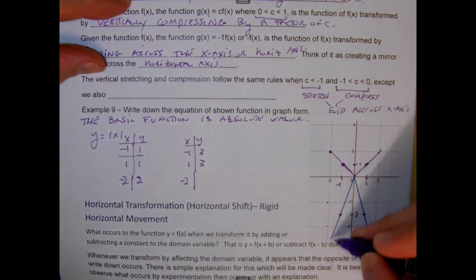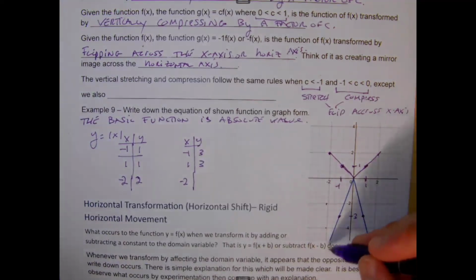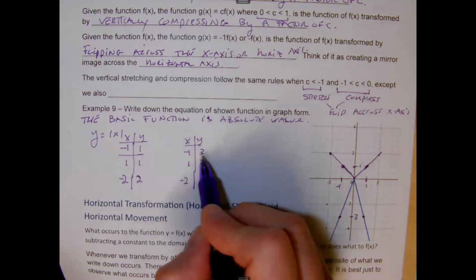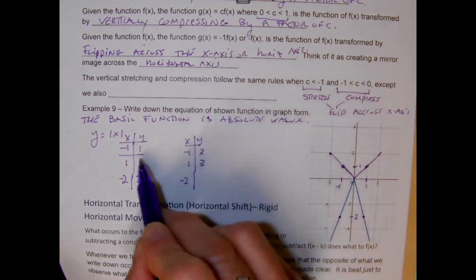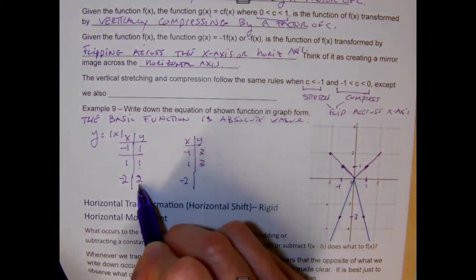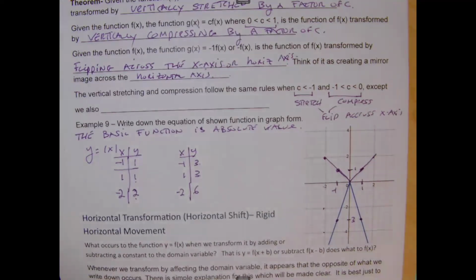I can't see it, but it's pretty far down there. I'm going to guess that it most likely had gone to probably 6. So this is about multiplying. It looks like I took 1 and multiplied by 3. If I take 2 multiplied by 3, I get 6, and that seems about right where this is headed.